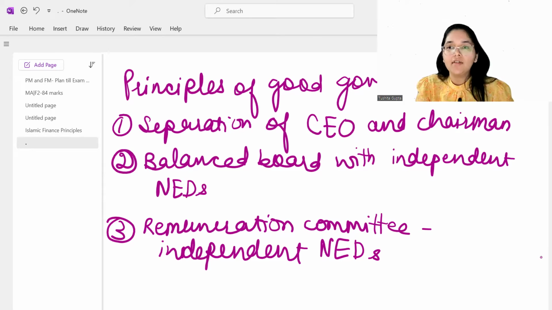So no person directly should be involved in deciding their pay. Obviously, they would want to pay themselves more. The CEO would want more salary, the CMO would want more salary. So that is why in the remuneration committee, it's mandatory to have independent NEDs, so that they give them a fair salary rather than them giving a good salary to their own.